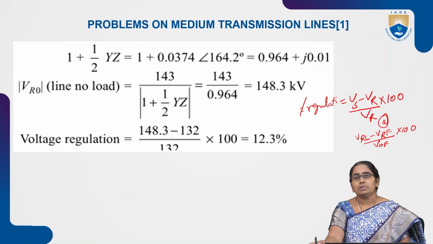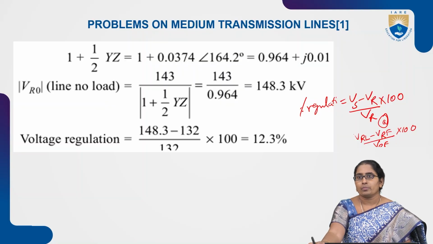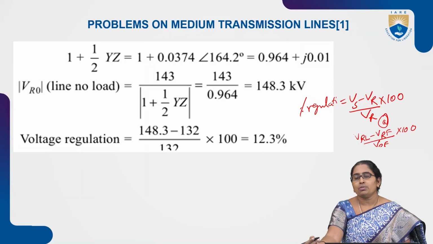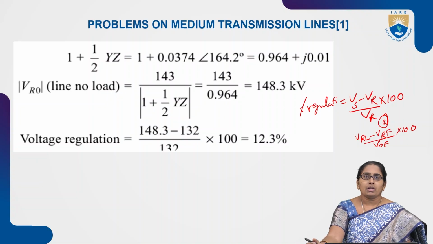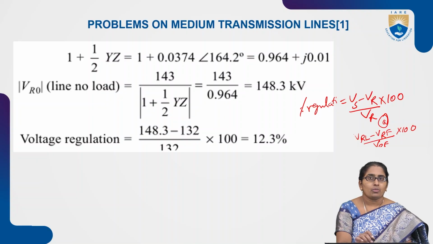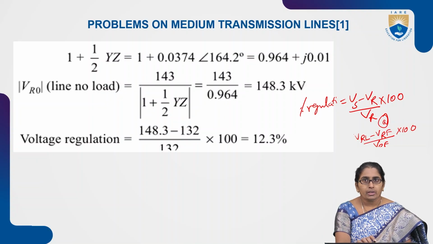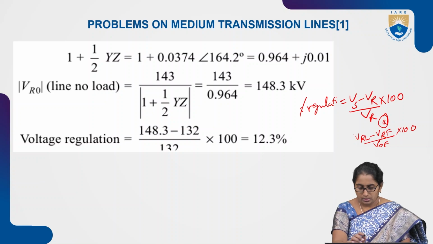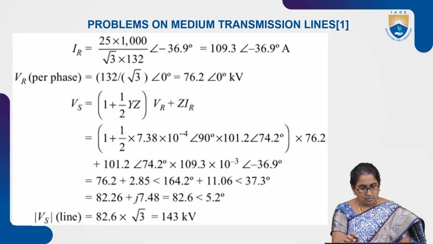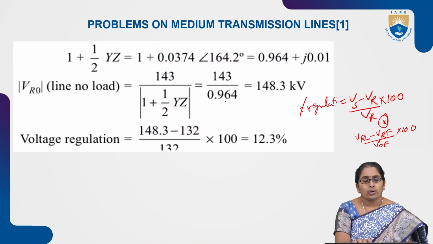The difference of the receiving end voltage at no load minus the receiving end voltage at full load, by the receiving end voltage at full load. Here, how do we calculate the receiving end voltage at no load? It is calculated as Vs by 1 plus YZ by 2, and substituted.